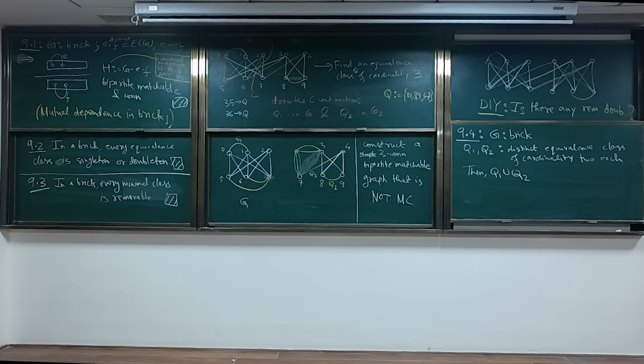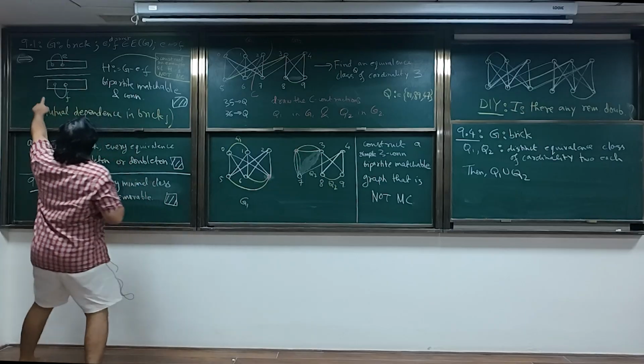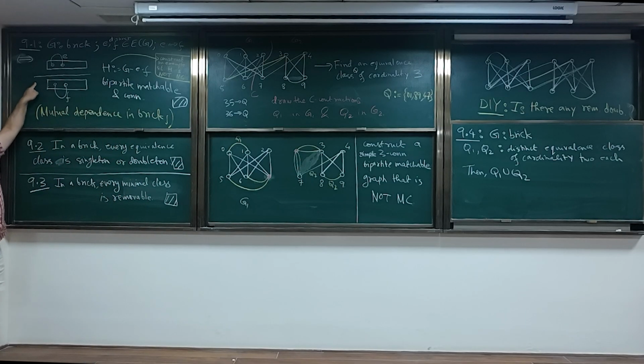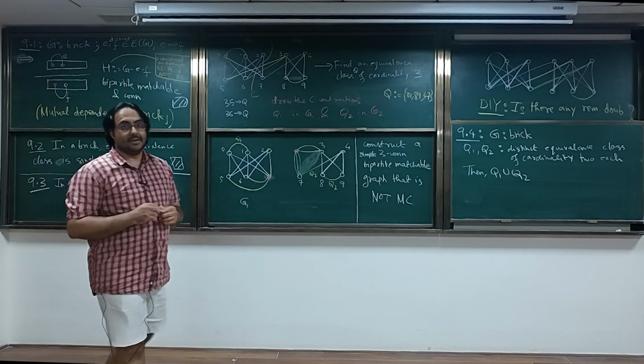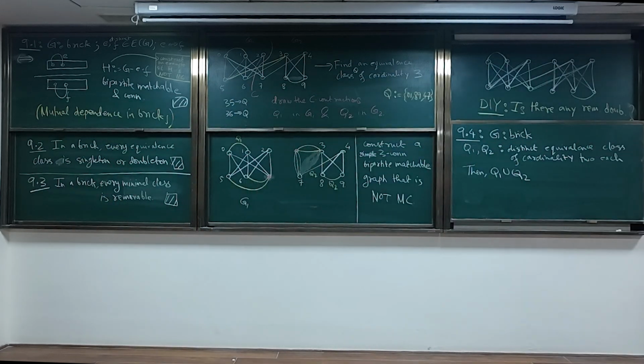Okay, so what is the union of Q1 and Q2? It's a cut. Observe that for Q1 you will get this drawing. The edge set of the graph minus Q1 is a cut of the graph. The edge set of the graph minus Q2 is also a cut of the graph. Their symmetric difference is exactly Q1 union Q2. Do you all agree? The edge set of the graph minus Q1, symmetric difference the edge set of the graph minus Q2, is exactly Q1 union Q2. So that's a cut of the graph.